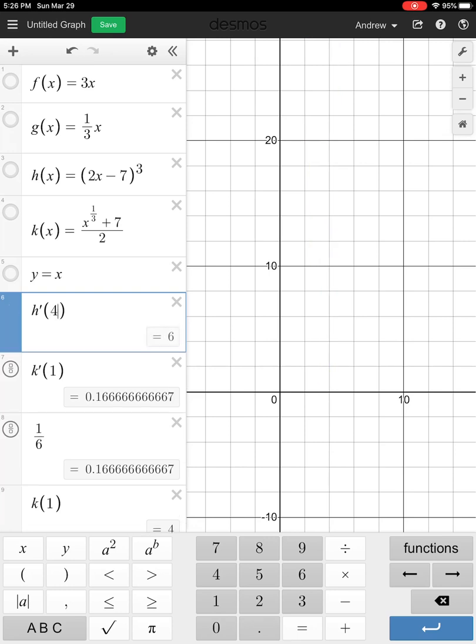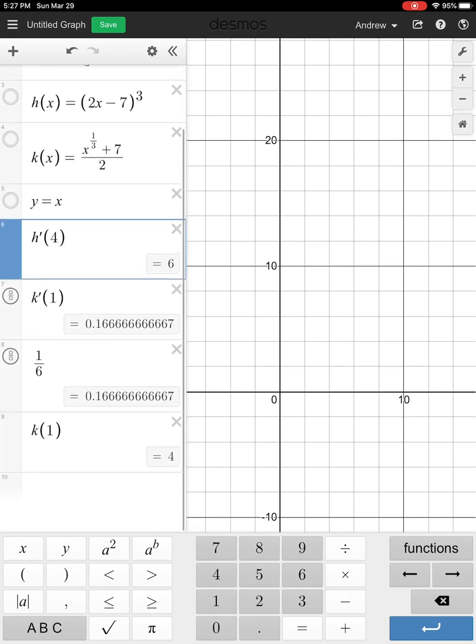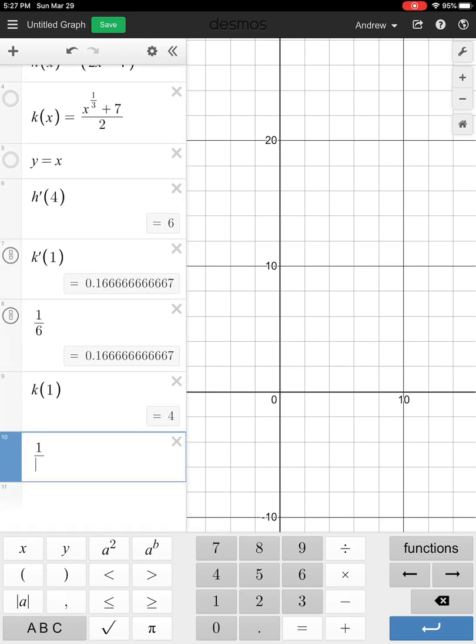So then if I put in 4 for h prime, let's see what I get. I get 6, which is the reciprocal value of what k prime was equal to. So that's the 6 value.